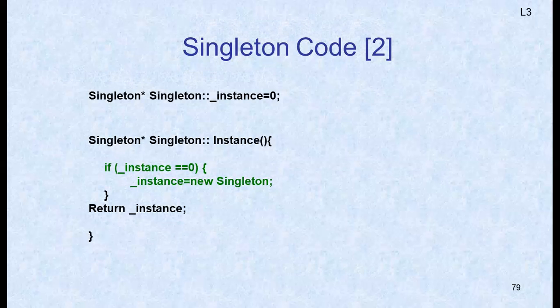So there are other things to note about the C++ implementation. It's not enough to define the singleton as a global or static object and rely on automatic initialization, because there are three different reasons. We cannot guarantee that only one instance of the static object will ever be declared.